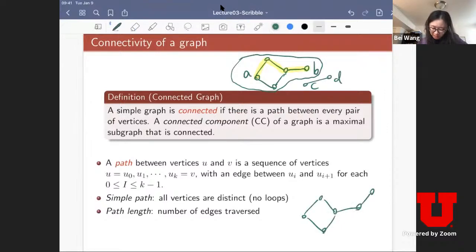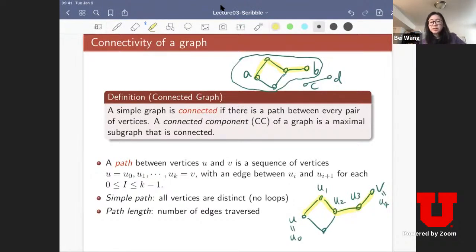Then a path between node, since we're using U and V, let's use the same symbols, I have U and V. The path between them goes from U, which is U0, then this is U1, this is U2, this is U3, and V is the last one, U4. So the path is basically all the nodes that lead from one node to another.